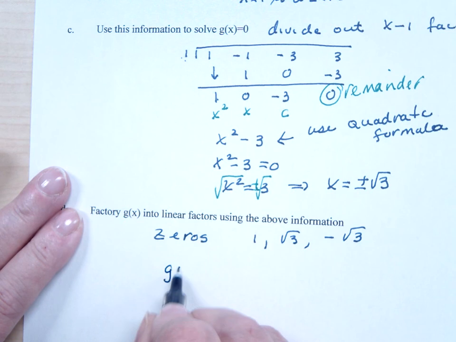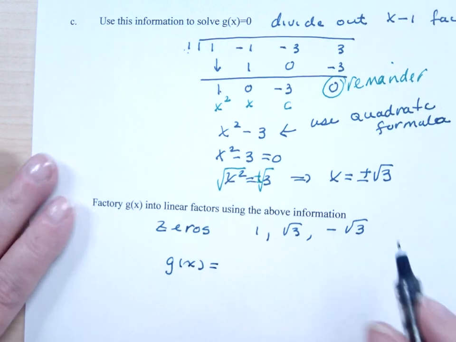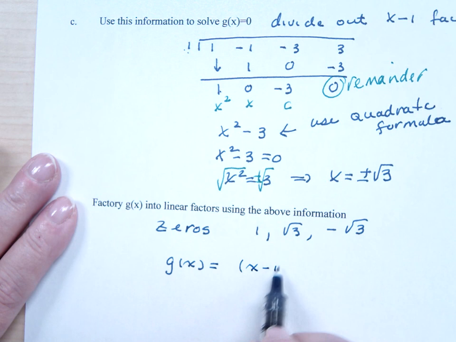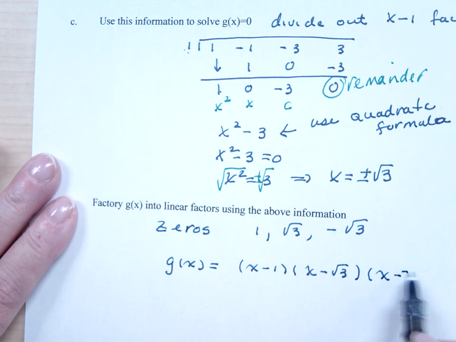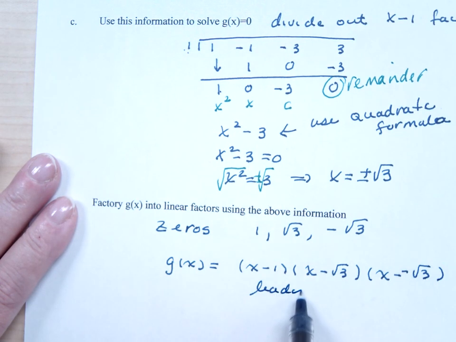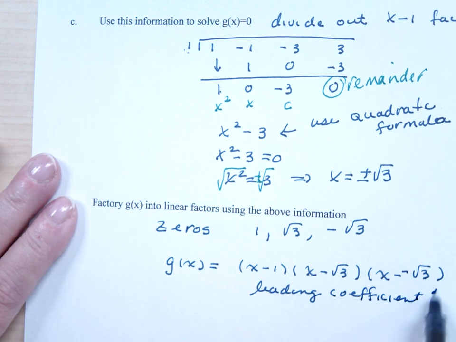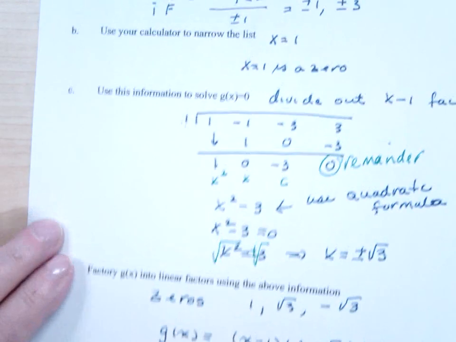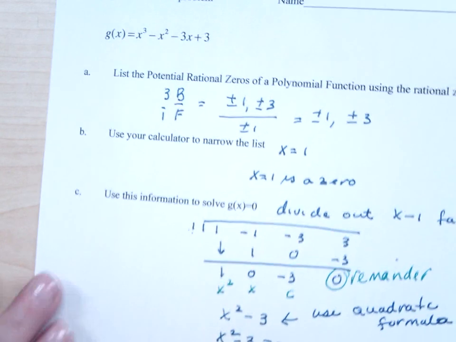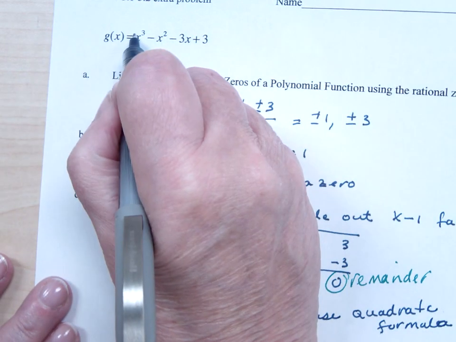So g of x can be factored into x minus 1, x minus the square root of 3, x minus the opposite of the square root of 3, times the leading coefficient. The leading coefficient is 1, because I come back up here to g of x, the coefficient on x cubed is 1.